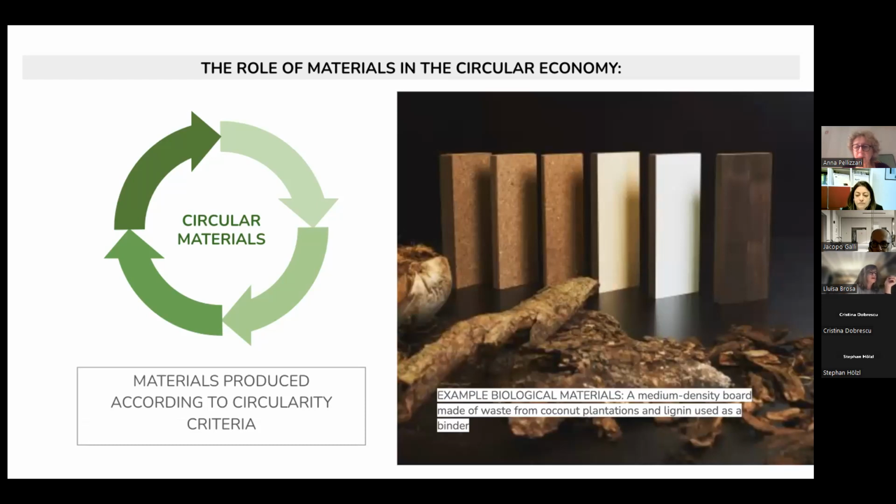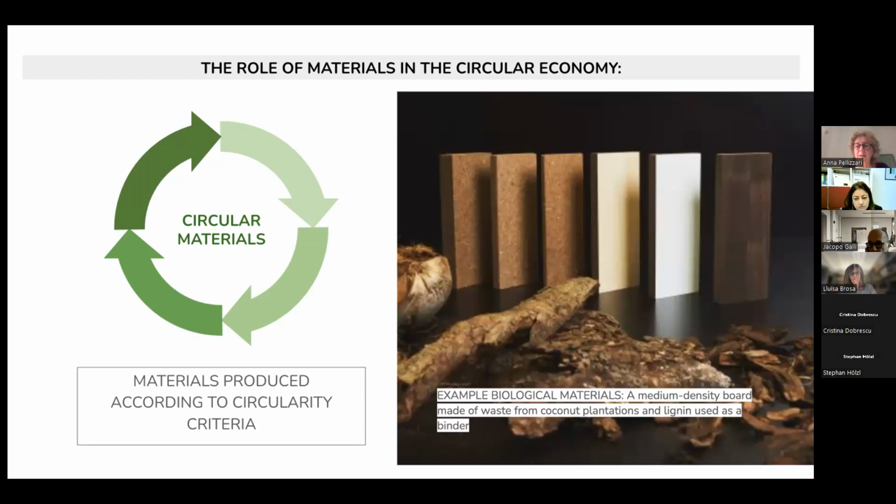This is an example of a medium density board that's made of waste from coconut plantations, with lignin used as a binder.